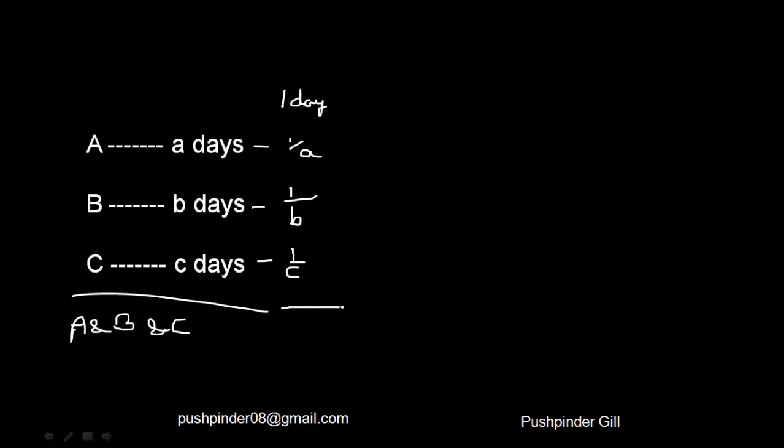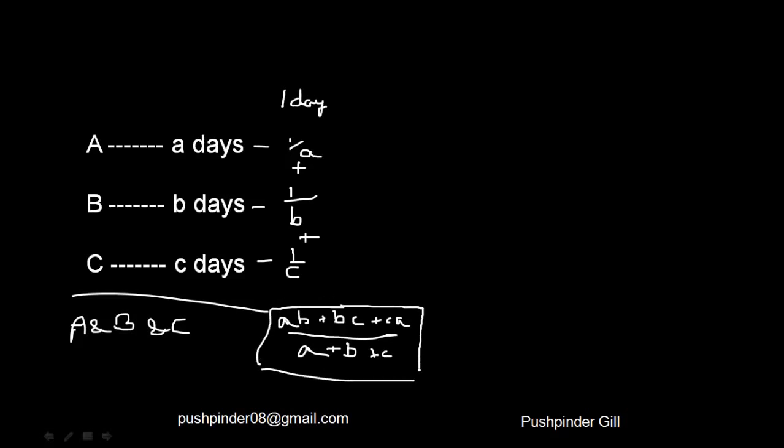Now, together, they'll be finishing this much of work if we add it. So this comes out to be AB plus BC plus CA divided by A into B into C, guys. Now this is the job done by them in 1 single day.